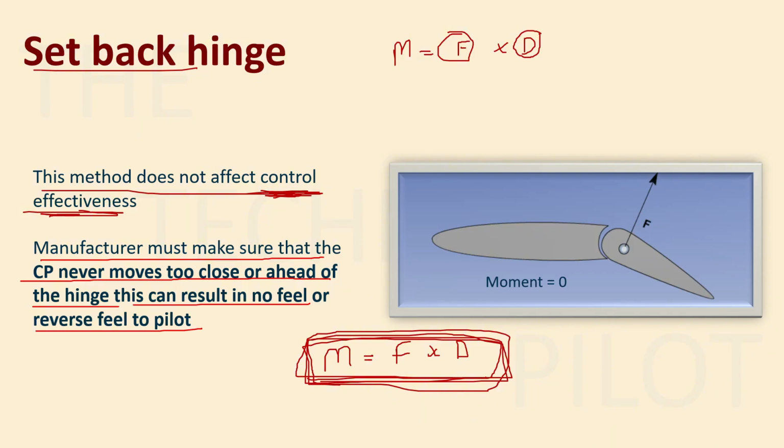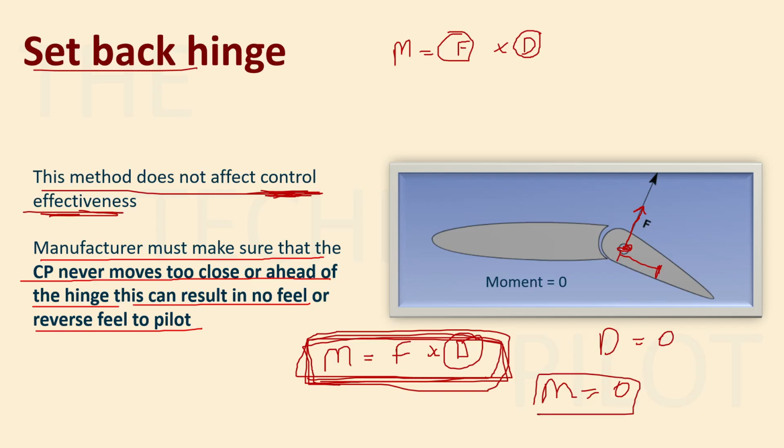If it comes over the hinge, in this case you can see the center of pressure, the force is on the hinge. Then the distance d will become zero, because there is no distance from the hinge. D is always taken from the hinge to the force, to the center of pressure. So if the distance is zero, then your moment also becomes zero.